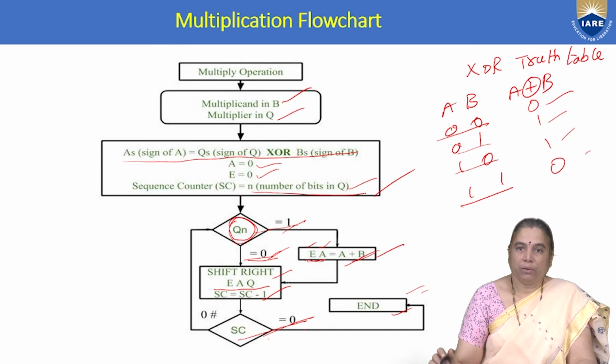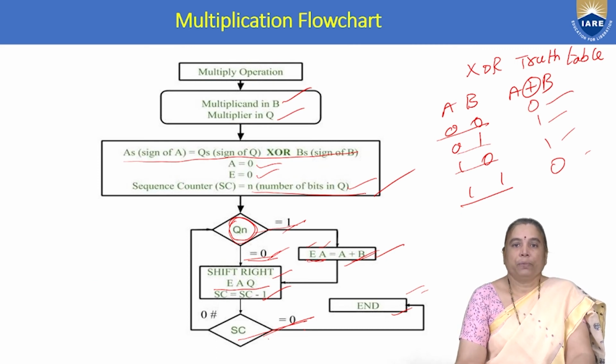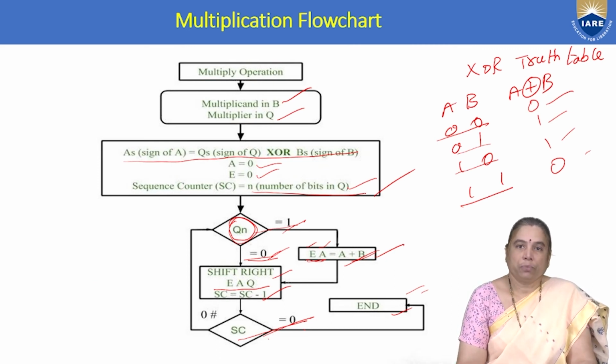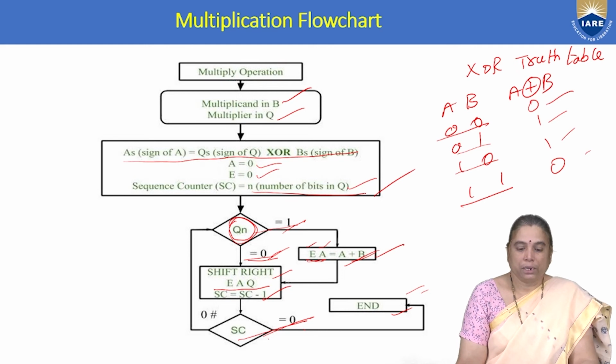So in a simple way, first we have to perform the initialization process. During the initialization process, the partial product storing register A can be initialized with 0 and the extra bit holding flip-flop E can be 0, and the sequence counter can be initialized with the number of bits of the multiplier.